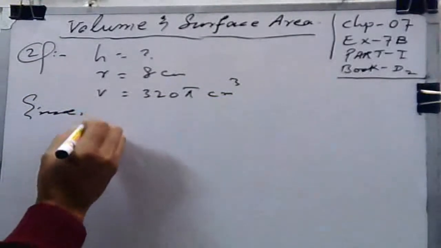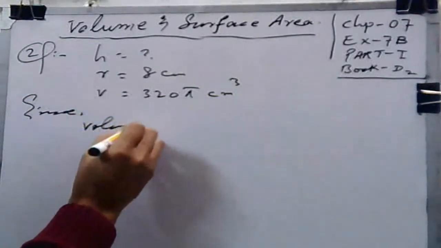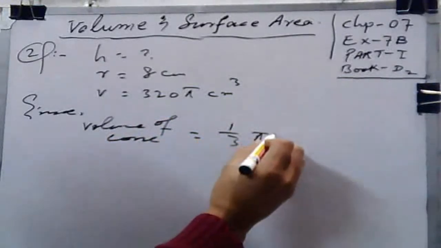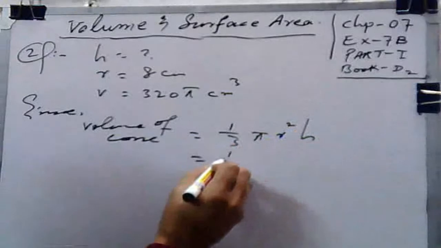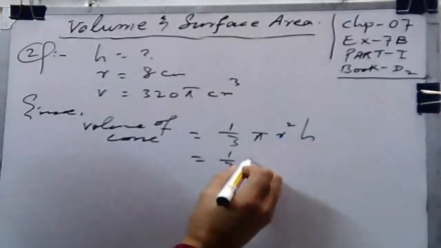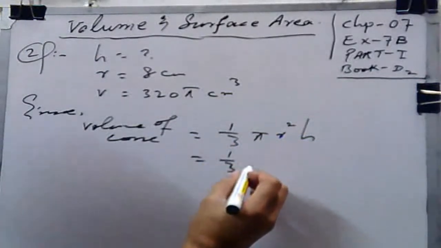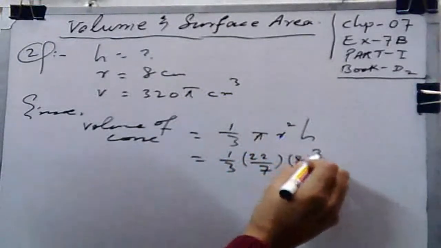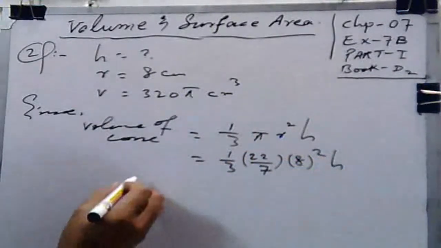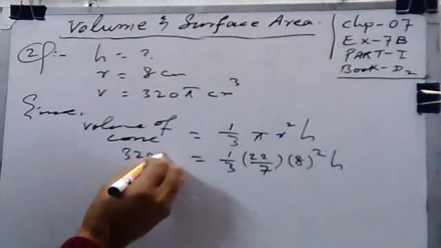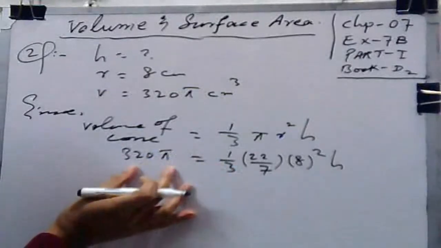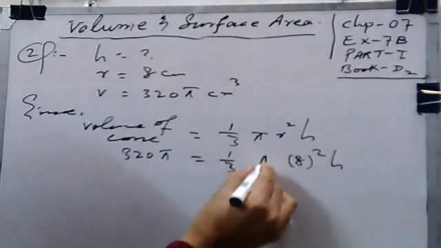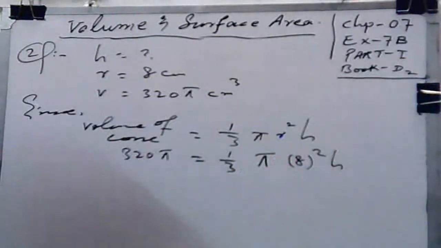Since we have a formula that the volume of cone is equal to 1 by 3 pi r square h. The value of r is 8, and the height we have to find, and the volume of cone is 320 pi. So here on the left hand side we have a pi, so we don't need to put the value of pi, because pi will be cancelled with this.